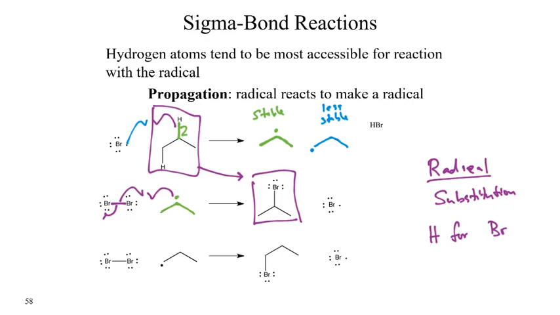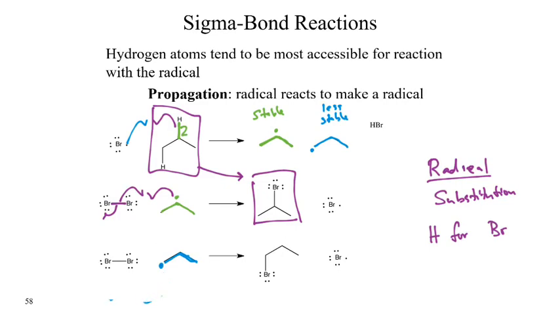What happens in the blue case? The blue scenario, which we said was unlikely to form. What we're saying by that is that that radical is so unstable that it would very likely just react back with the HBr, and we don't see any product formation.